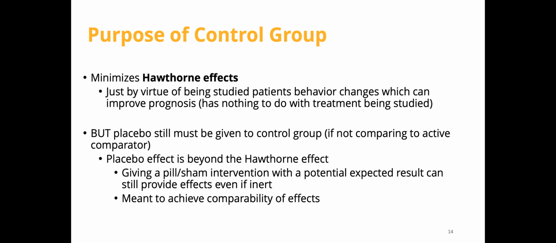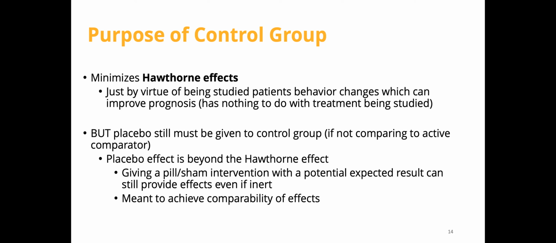If you exercise more, something like osteoarthritis might actually improve, or your symptoms might improve, even if you're in the control group. It has nothing to do with the study medication. It just so happens that the symptoms, which are the outcome of the randomized controlled trial, are improving because a patient is exercising more, just because they know they're part of a study. So that's essentially why we include a control group.